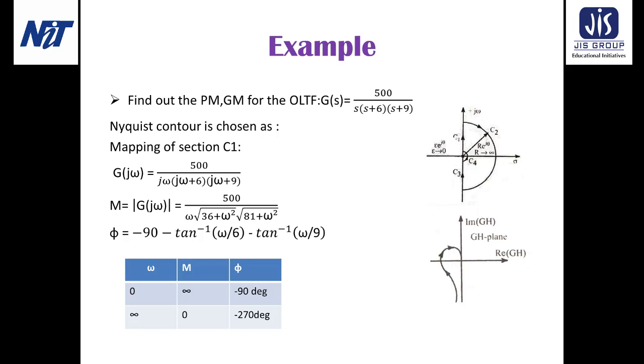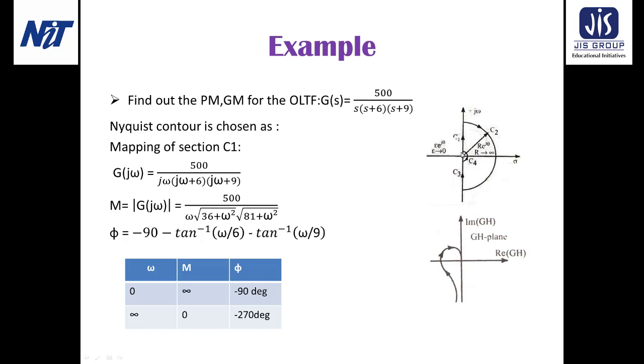You can also find them using the Bode plot method, and in our next video lecture we will discuss how to find the phase margin and gain margin using the Bode plot. Here I have chosen the Nyquist plot. In this open loop transfer function there is one pole at the origin, and hence I have chosen the Nyquist contour with these four sections.